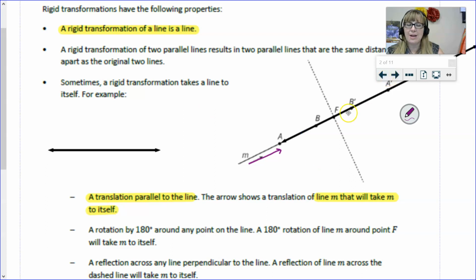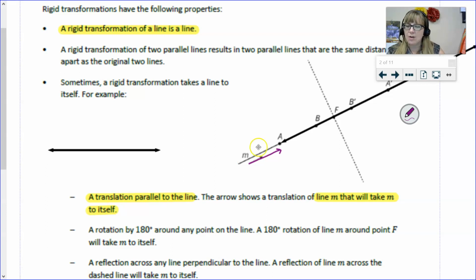Notice, although it might look like it's in a new position, lines are infinite. That means that this arrow shows that it extends infinitely in this direction, and it's not going to stop. So even though it may have moved, know that that does extend to cover the place that it moved away from. So when I translate a line in the same direction as the line is already going, that line stays itself. It stays that same line.